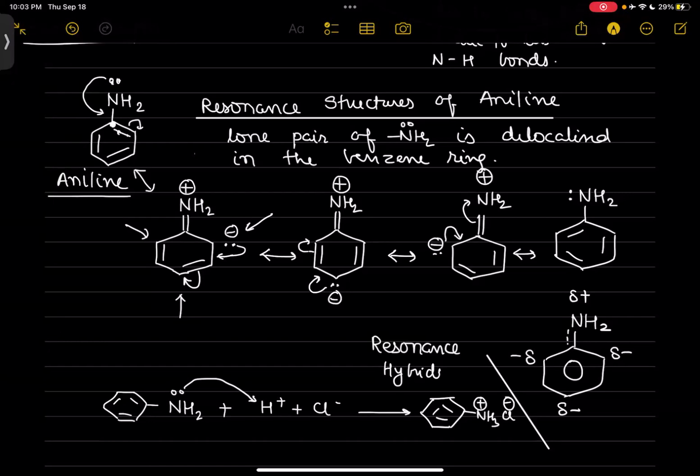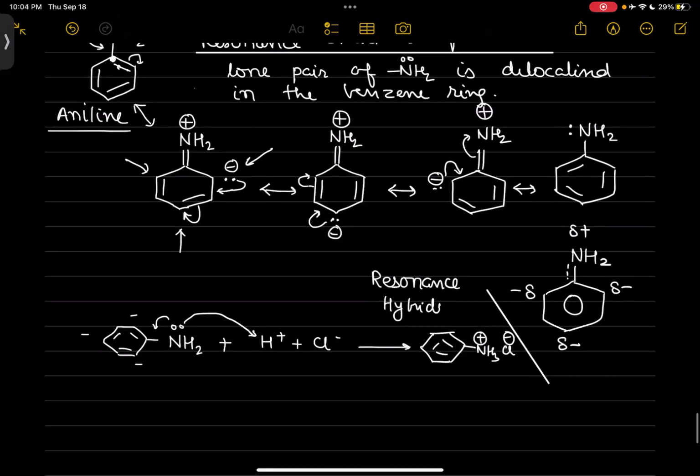But what has happened due to resonance? Due to resonance, the lone pair has distributed itself onto the various positions in the benzene ring. Got it? So now has it become more basic or less basic? Think again. If the lone pair is not fixed at one place, if it is moving here and there, how can it be donated to H plus?